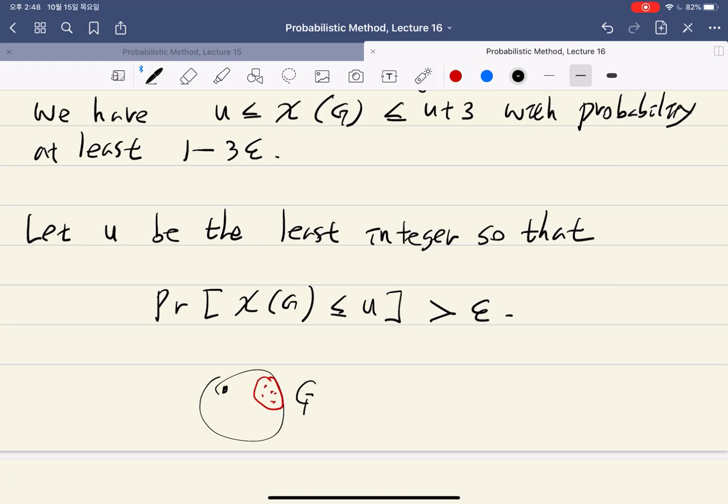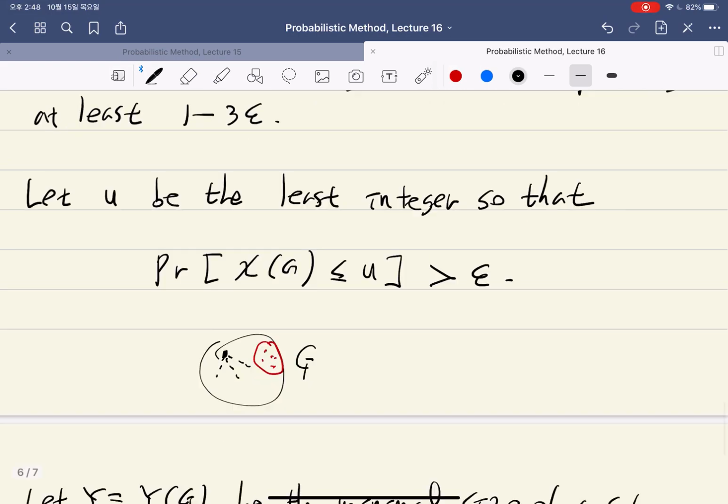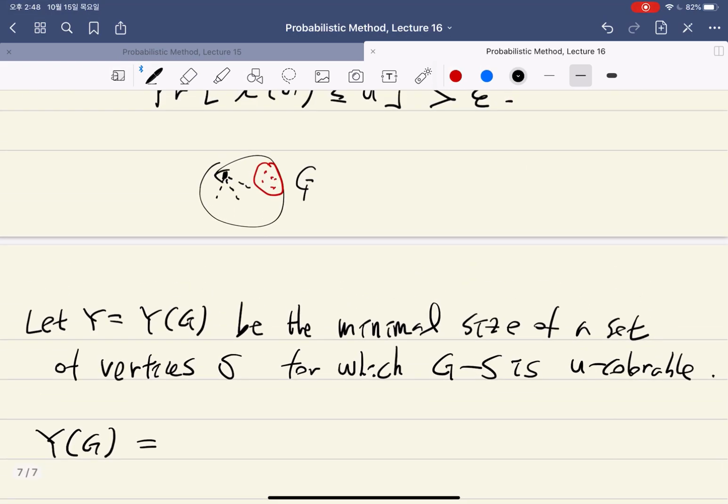If you have a vertex and you change some edges incident only with this vertex, then it may have to be deleted or not deleted. So the Y value doesn't change by more than 1.